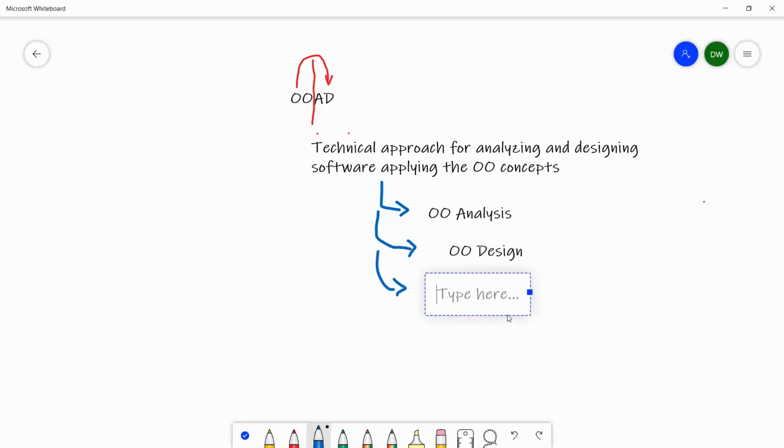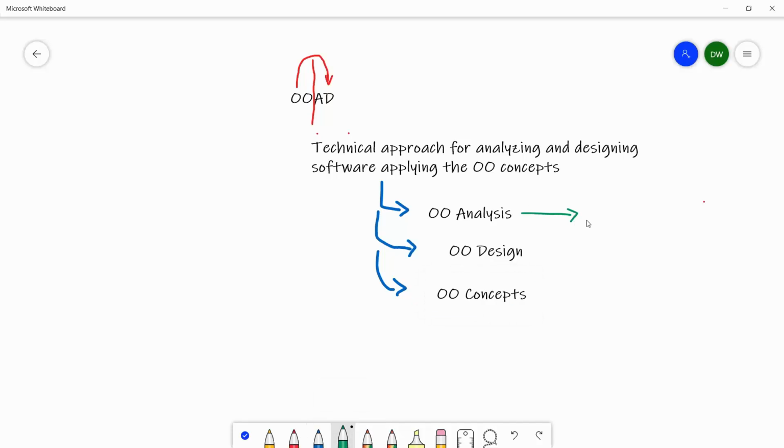The other term is object-oriented concepts. Right? So when we ask what is object-oriented analysis and design, these three terms can be considered. Here in this subject, we talk about object-oriented analysis, object-oriented design, as well as object-oriented concepts.